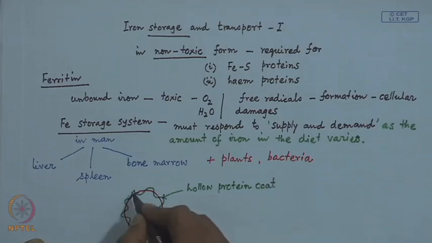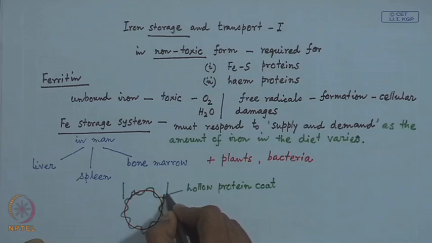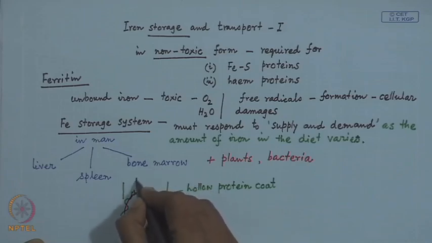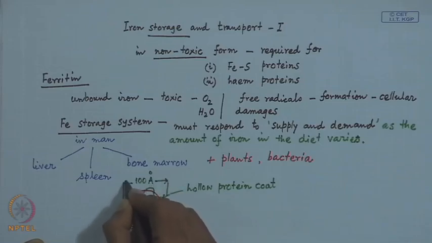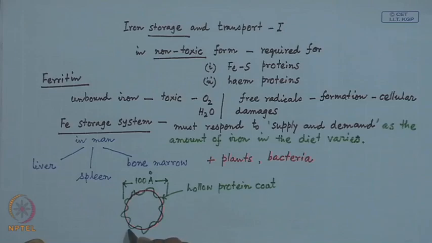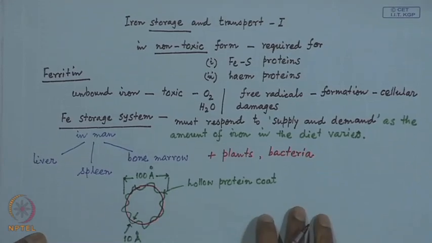And this hollow protein coat will give you a spherical structure of about 100 angstrom diameter, and the thickness of this protein coat is also known, which is 10 angstrom.